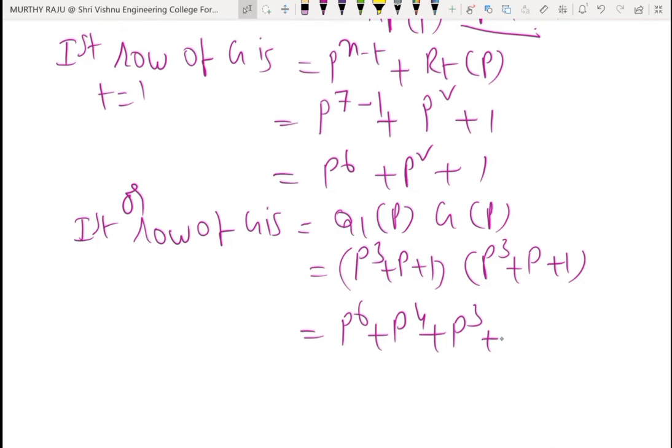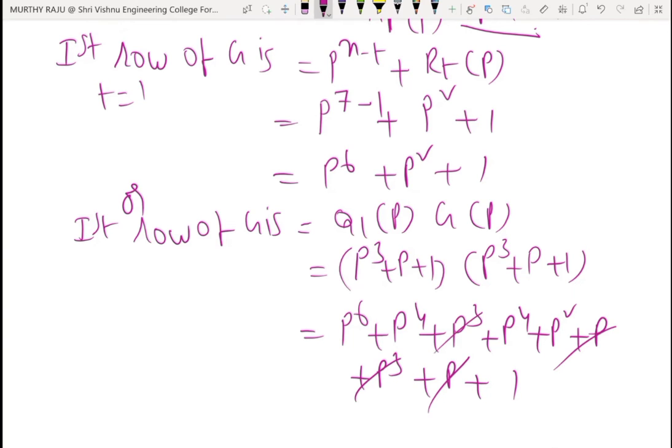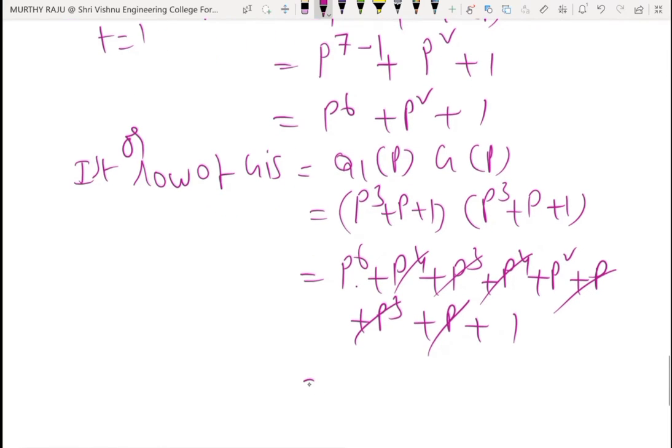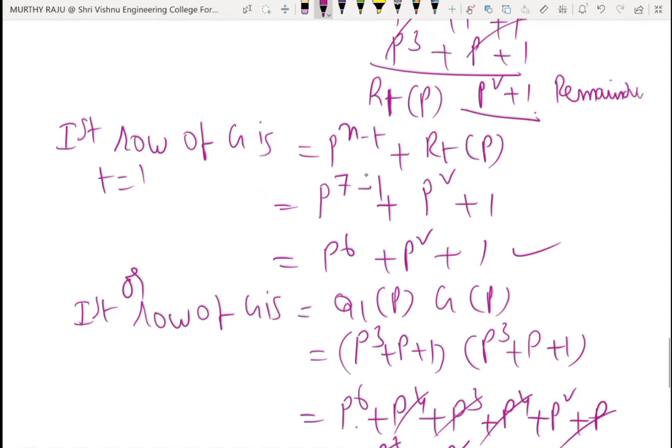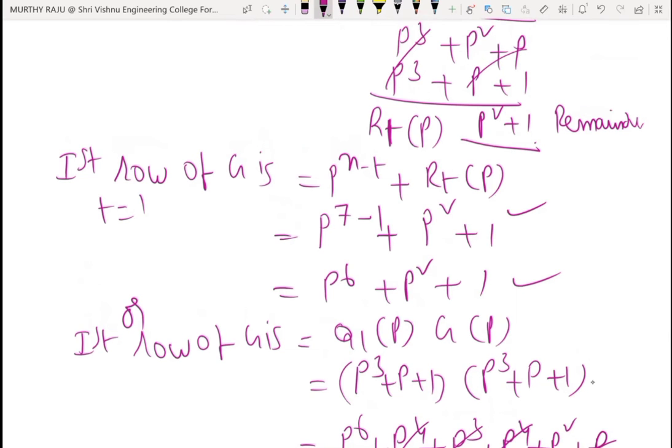Plus P into P cube is P power 4, P square plus P, plus P cube plus P plus 1. P cancels, P cube cancels, P power 4 cancels. Finally we get P power 6 plus P square plus 1. Both are the same. For calculating the rows of the generator matrix, we use either this procedure or the other one.